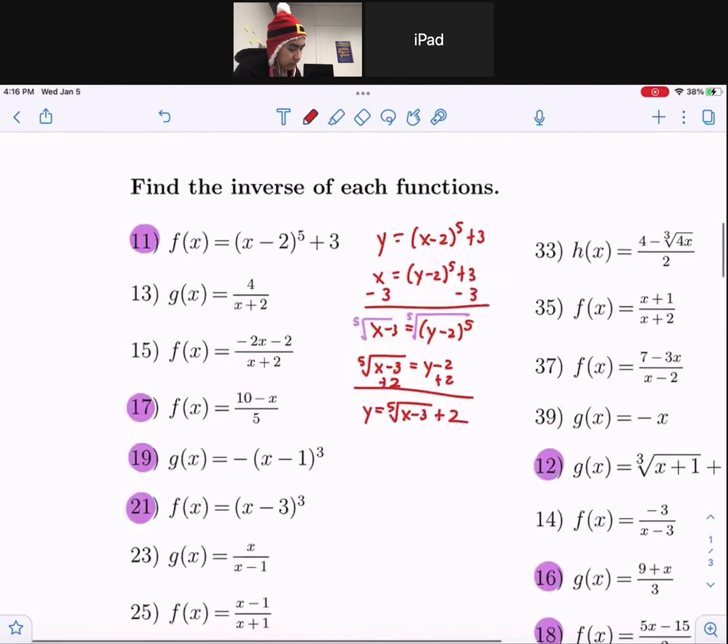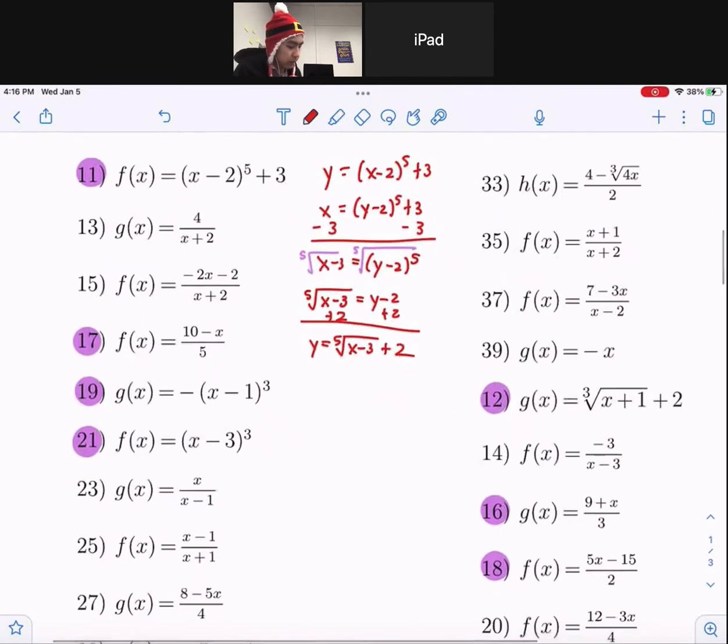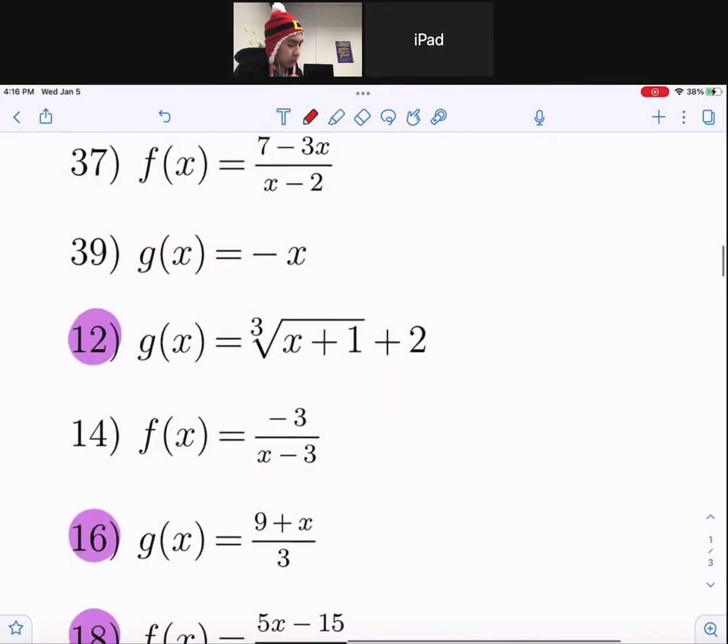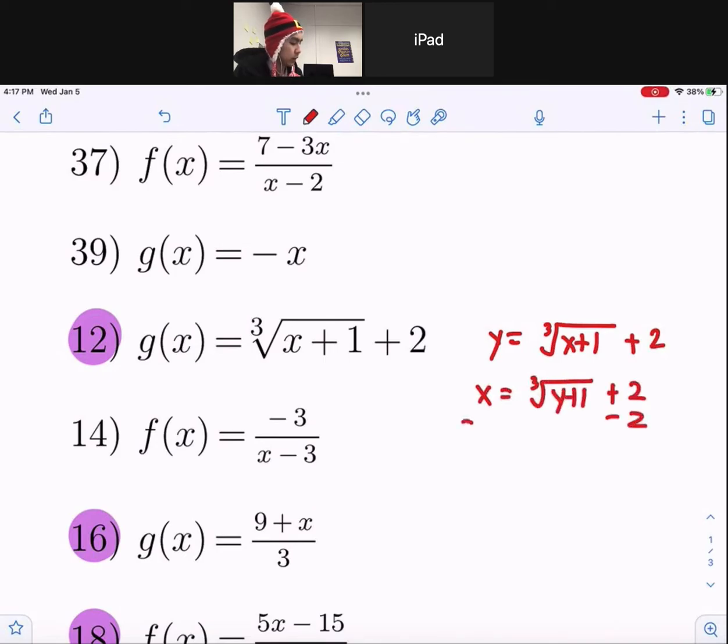Okay. There are a couple more of these we could do as well. Let's try number 12. For number 12, set it equal to y. Switch the variables, and now solve for your new y. Subtract 2 from both sides first.